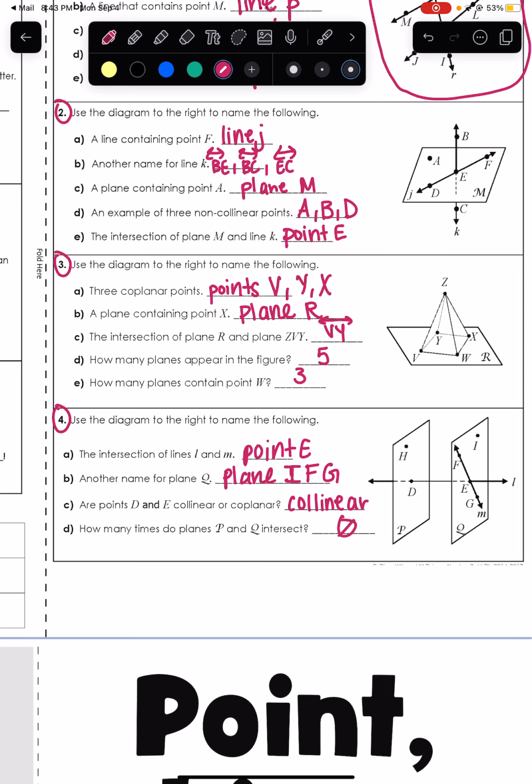Okay, and if you are still watching, I would assume we had some issues with these 3 questions because I did also have a little bit of an issue with them. So for C, the intersection of plane R, so this whole piece of paper, and plane ZVY.